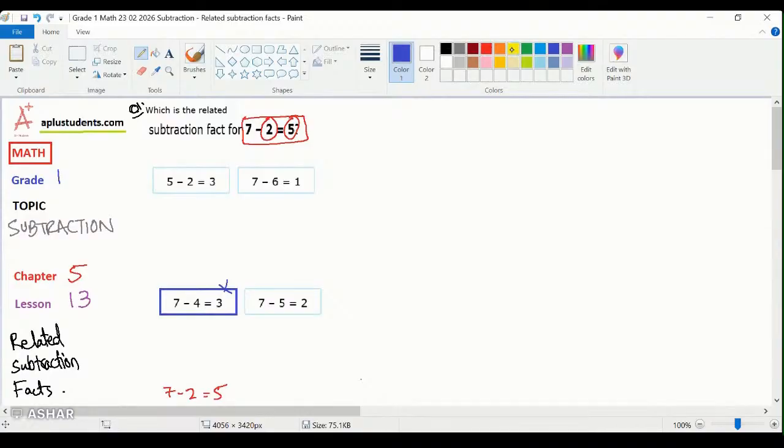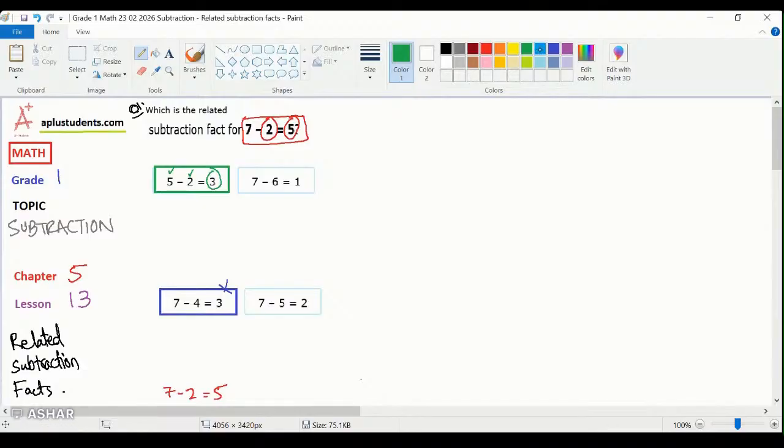Can this be correct? 5 minus 2 is equals to 3. We do have the number 2, and we do have the number 5, but we do not have the number 7. Agreed? That means we need to find something which has 7, 2, and 5 in it.